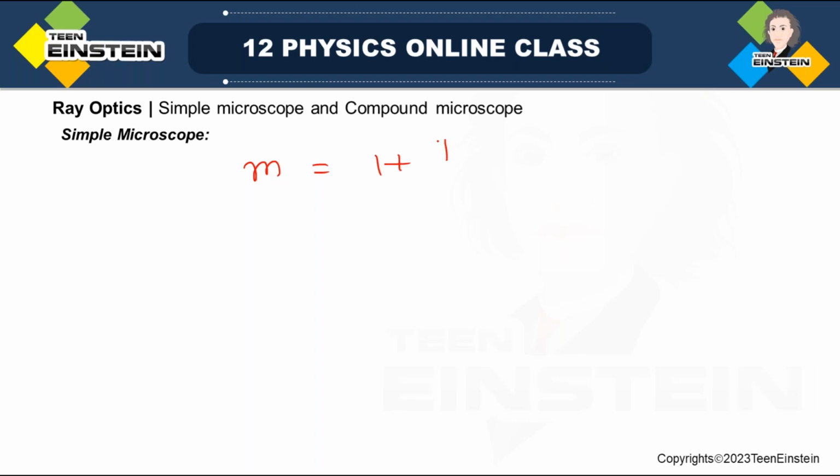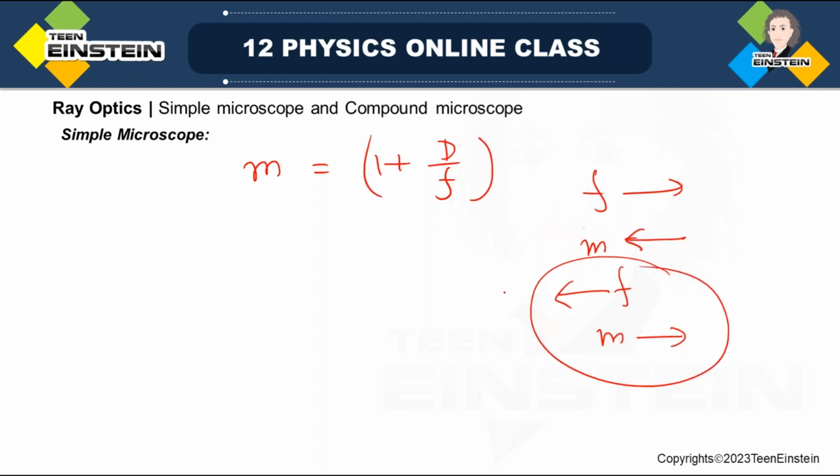Here one thing I just wanted to say. In case of the previous one, the magnification was 1 plus D by F. You look here, for a simple microscope, when you want to see an object at the least distance of distinct vision, what should your focal length be? If you increase the focal length, then M is going to decrease. If you make F shorter and shorter, then M will increase.